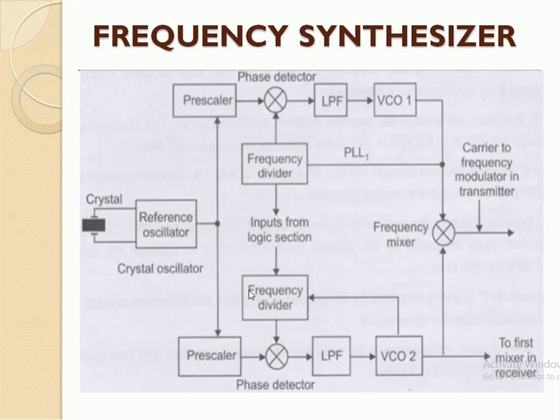One output is connected to the first mixer of the receiver section, and the second output, the frequency modulator, is connected to the transmitter section of the mobile phone unit. A reference oscillator and crystal oscillator are used to provide a reference for the two PLL circuits. This is all about the frequency synthesizer.